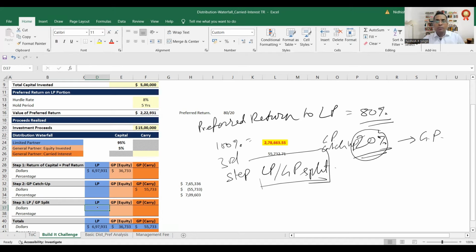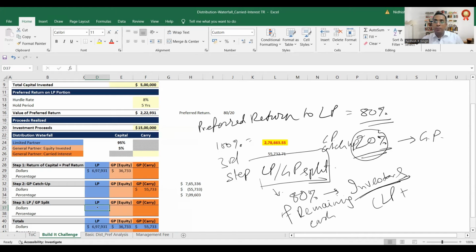Here what we do is, again we assume that 80% of the left money, or of the remaining cash, goes to investors. And let me use this word very carefully, investor, which could be LP plus GP.